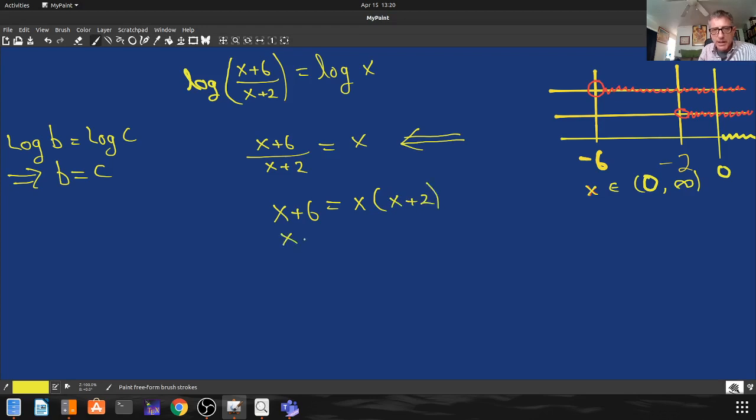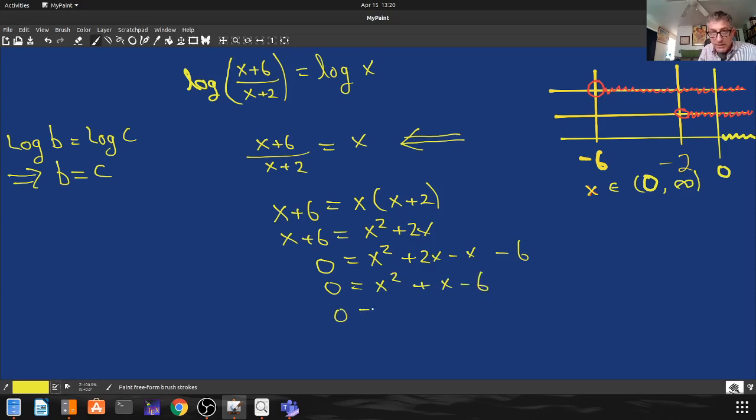So this gives me x plus 6 is equal to x squared plus 2x. I'm going to move all of these terms to the other side. 0 is equal to x squared plus 2x minus x minus 6. So 0 is equal to x squared plus x minus 6.